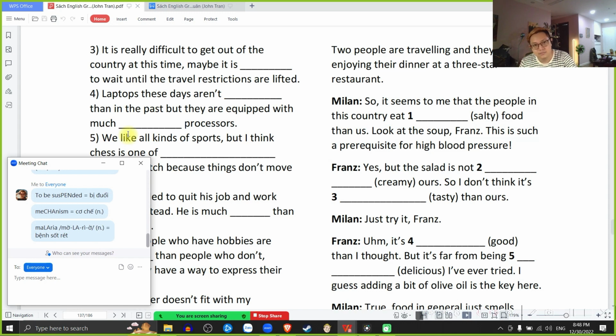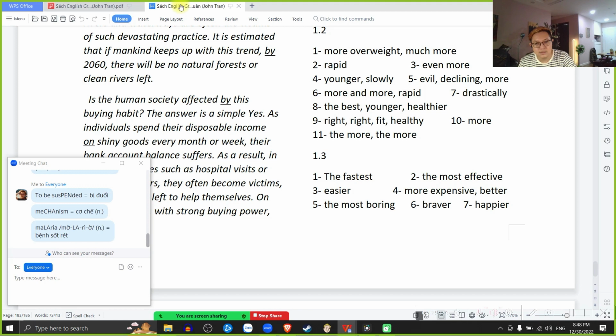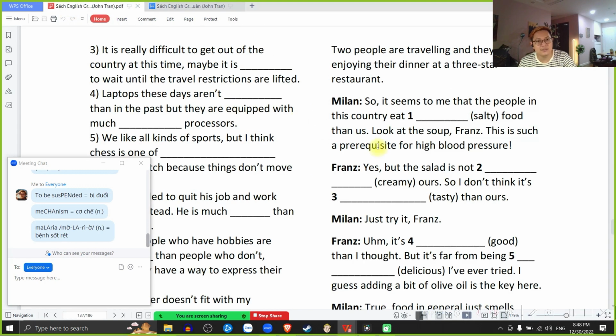Maybe it is easier to wait until the travel restrictions are lifted.